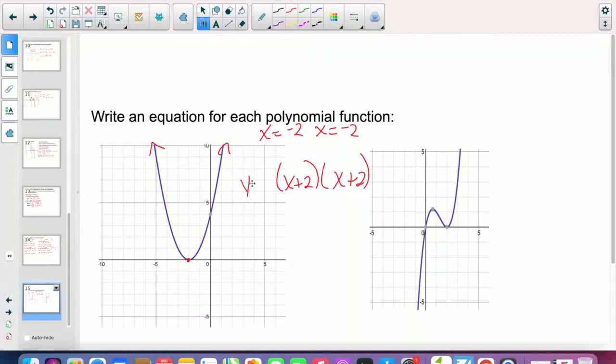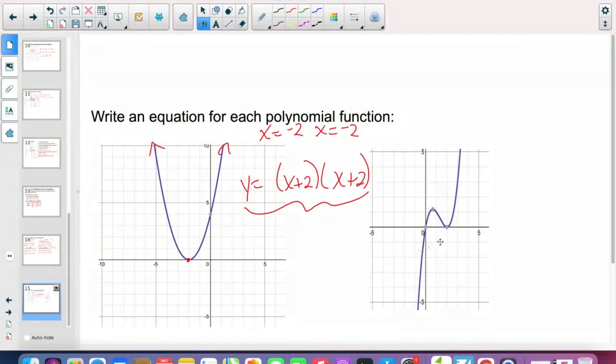I'm going to say y or f of x equals that. They're both going up, so I do not need a coefficient in front. I just need to understand that it is a positive in front. That would be my makeshift polynomial equation for this graph. It may not be exact because it may need a number in front, but as long as we know that number would be positive, that's all we need at this point.